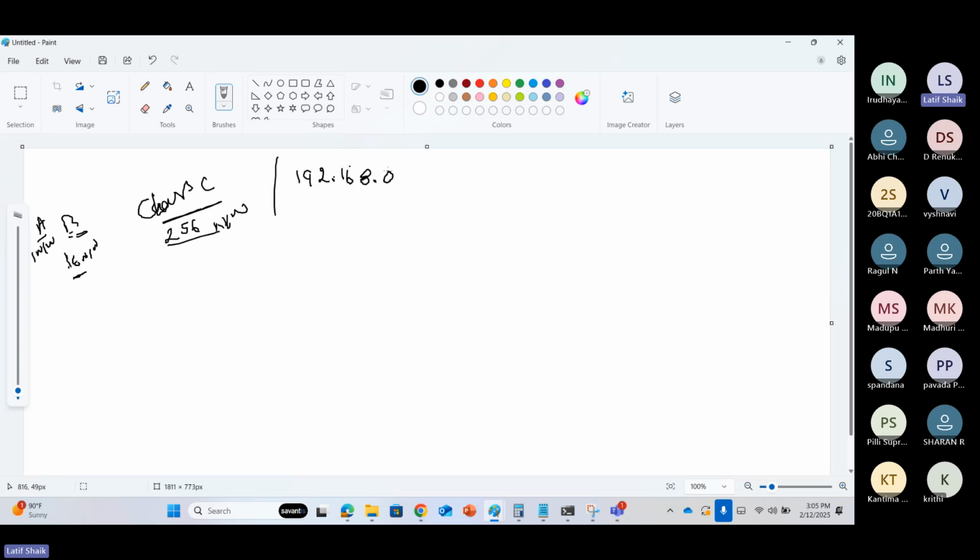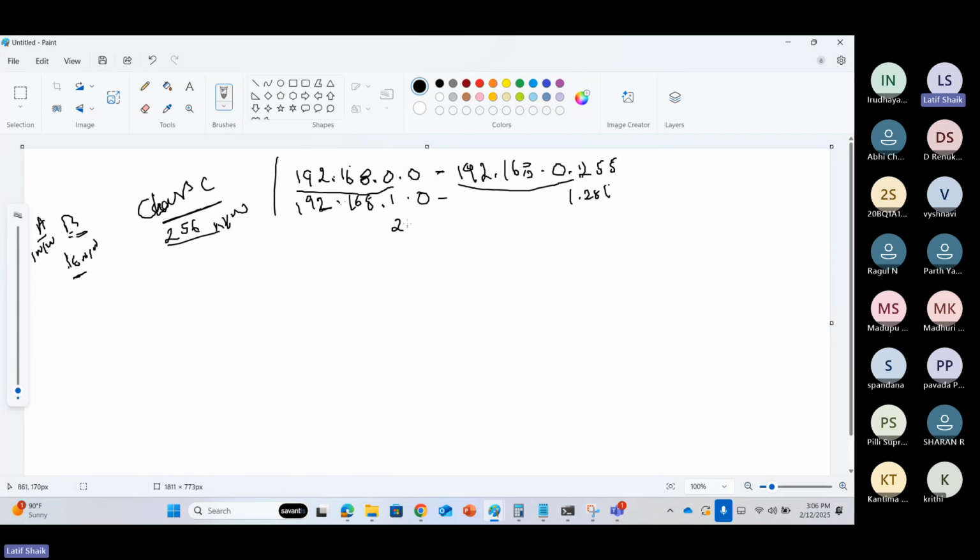It is ranging from 192.168.0.0 to 192.168.255.255, because it's a class C. So the first three portions are the network. How does it go? 192.168.1.0 is another network, and it goes the same way up to 1.255.